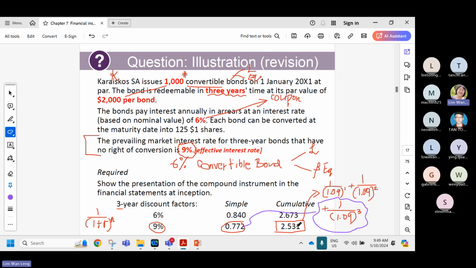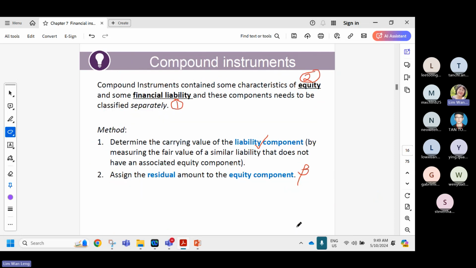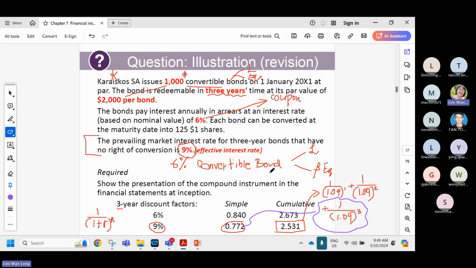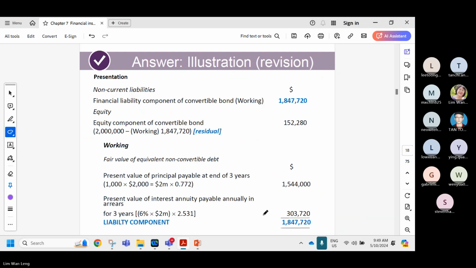So how do we do the split accounting? As mentioned just now, calculate how much is the liability component's value. Then you take the proceeds minus the liability component's value, and you get the residual. The residual is the equity component.